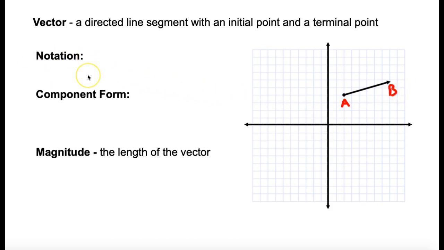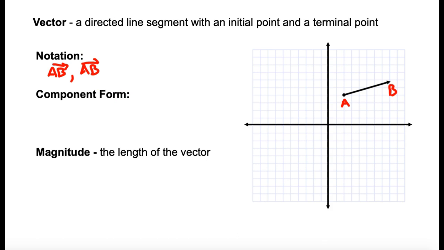So there's a few different ways that we could denote this. We could say something like this, AB with a little vector symbol over top. Sometimes you'll see it drawn as a full arrow, but other times you'll see it drawn as just half an arrow, like that.